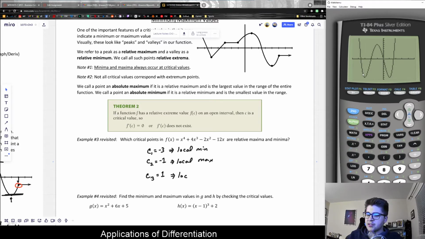And another thing: notice that the absolute minimum on the graph actually occurs at both of these spots. So you could actually call these absolute as well. Technically it's not a unique absolute minimum, but there are 2 minimum values to this function, at both points. But this question just asks us for relative, and relative is a synonym for local.